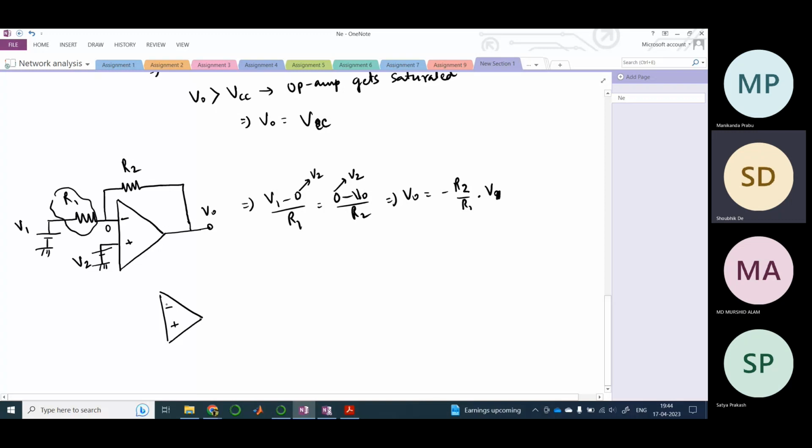For this problem, inverting and non-inverting are reversed. So here we have V1, and here we also have another source which is being added as a feedback, right? So this was the problem. This is R1, this is R2, and this is V0. It's basically the same if we remove R1 and connect V2 to the feedback path.